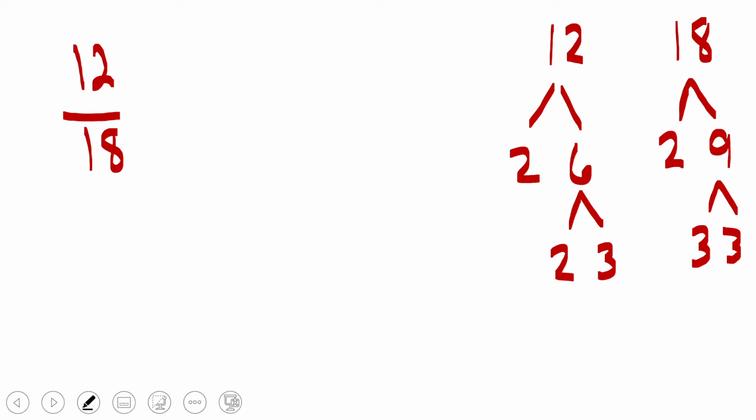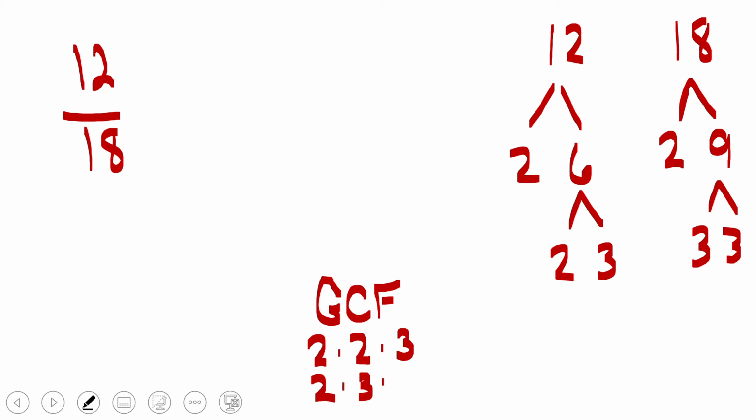Remember, if we are looking for the GCF and we stack these prime factorization numbers, we can address the numbers that are common to both 12 and 18. 2 and 2, so we would have 2.